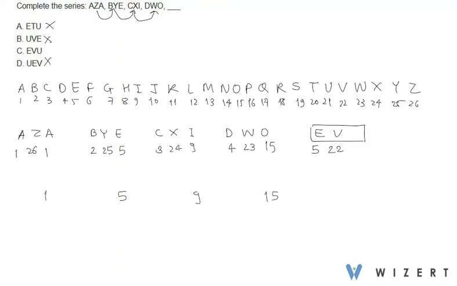So let's try to find if there is some sort of common difference between these numbers. 5 minus 1 is 4, 9 minus 5 is 4, 15 minus 9 is 6. So maybe this sequence is going in a 4, 4, 6, 6, 8, 8 way. So the next letter will be 15 plus 6, which is the 21st, and which is U. So the answer is option C.